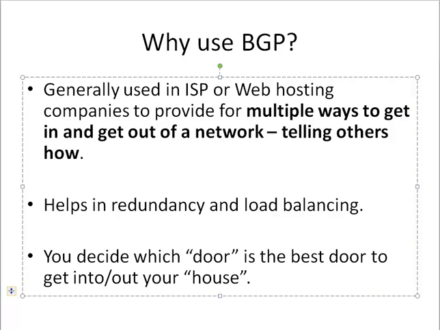So one example is, let's say you have two data centers, and you have one network or one prefix that you want people from the New York area to get to, and then let's say you have another data center in Europe to get to.